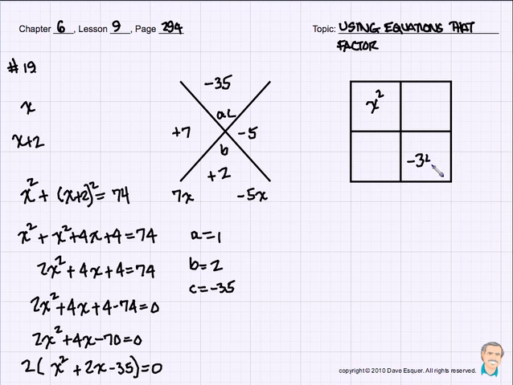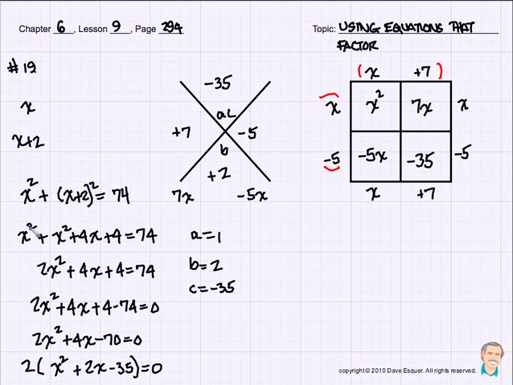So we've got our equation, x squared minus 35, and we're going to place the 7x and the minus 5x. So we've got an area of x squared. If this is x, then this is a plus 7. If this is an x, then this must be a minus 5. And if this is a minus 5, this is a plus 7. And our check turns out to be negative 35.